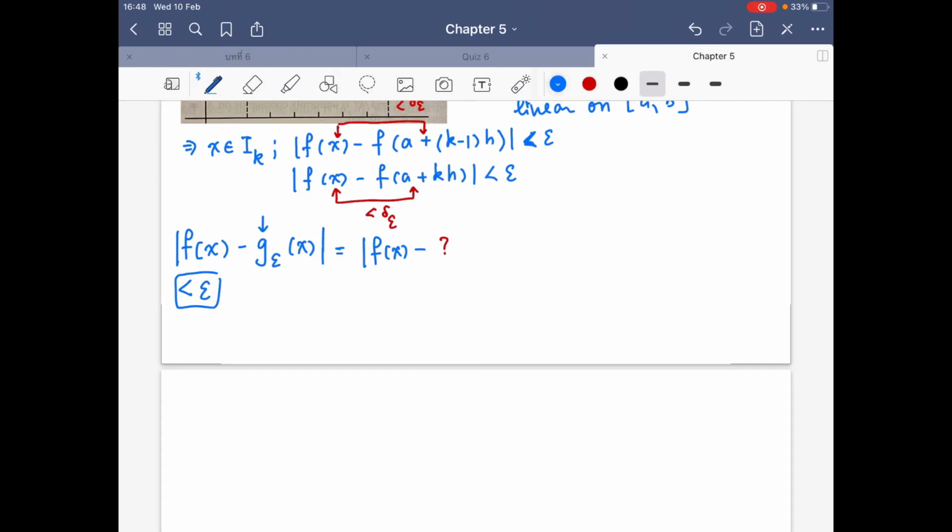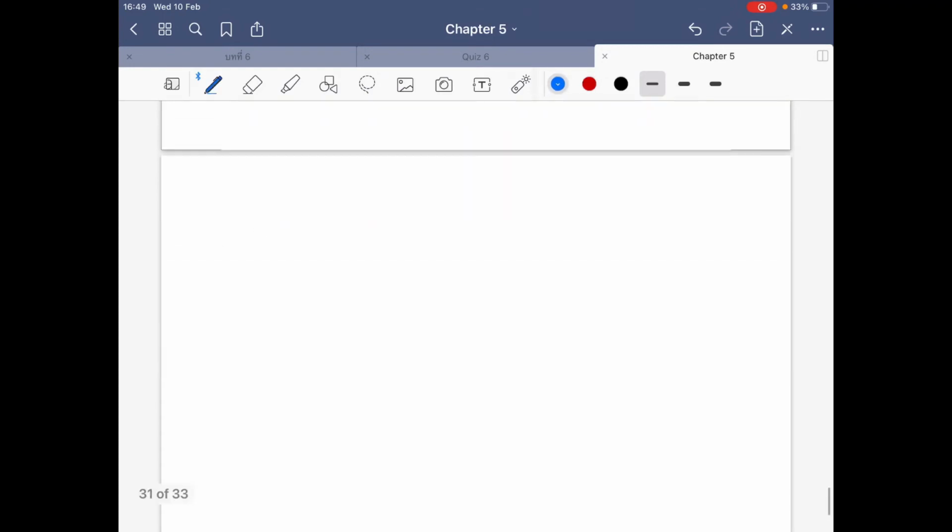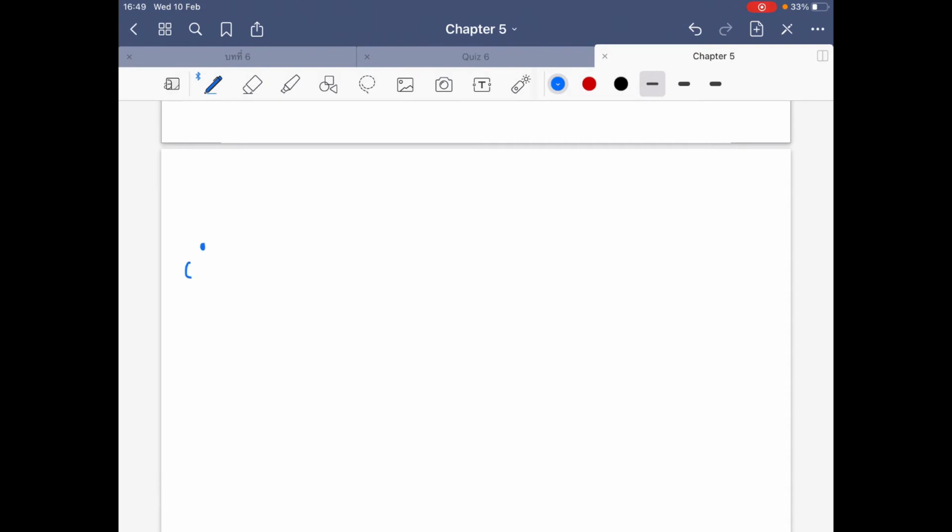If you have your xi and f of xi joined by a straight line to xi plus 1 and f of xi plus 1, just like this, one way, as we said, is to find the slope m and use the point-slope form.